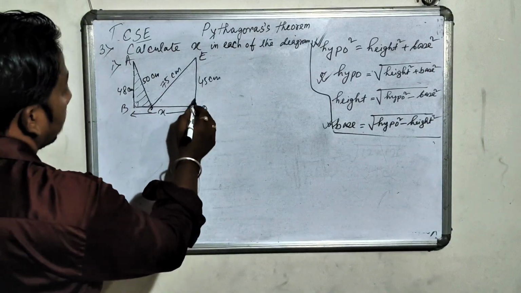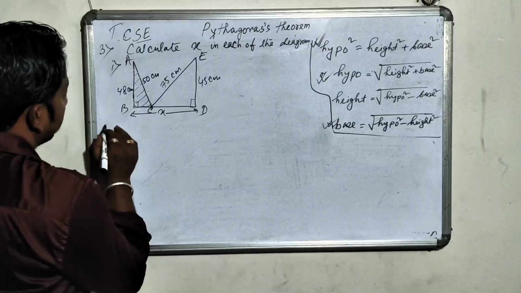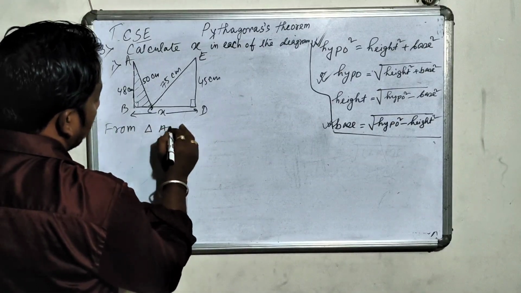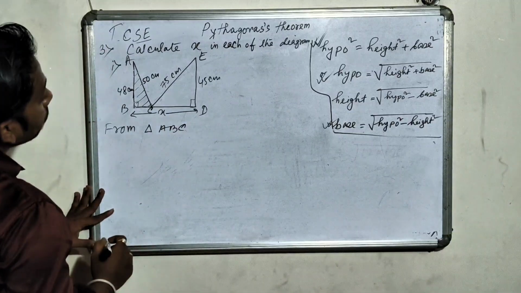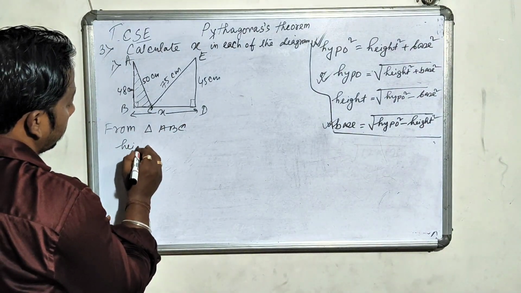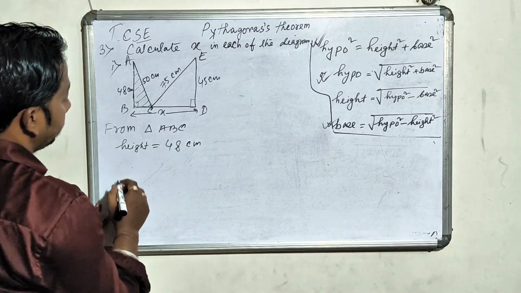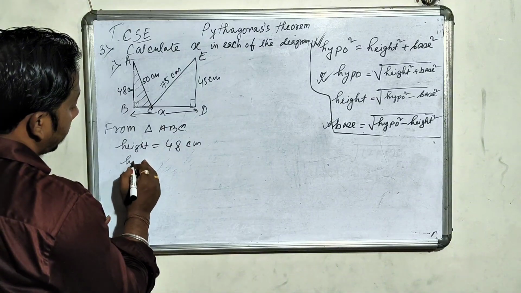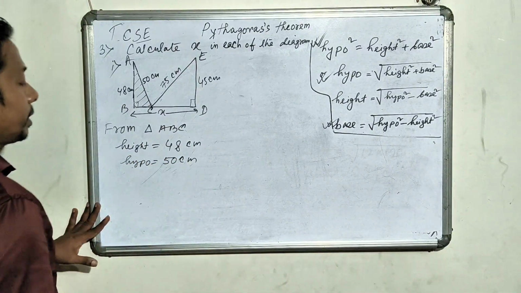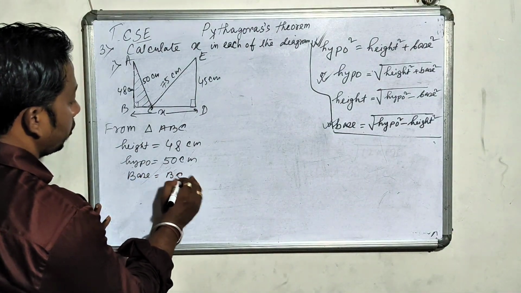This is the 90 degree angle. So from triangle ABC, height equals 48 centimeter, hypotenuse equals 50 centimeter, and base equals BC.